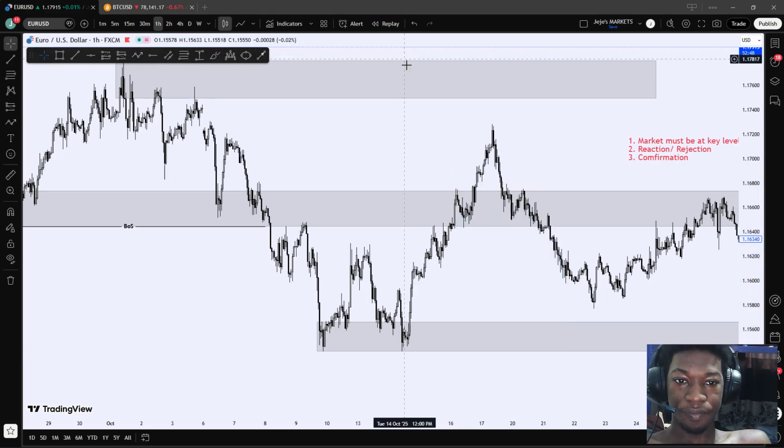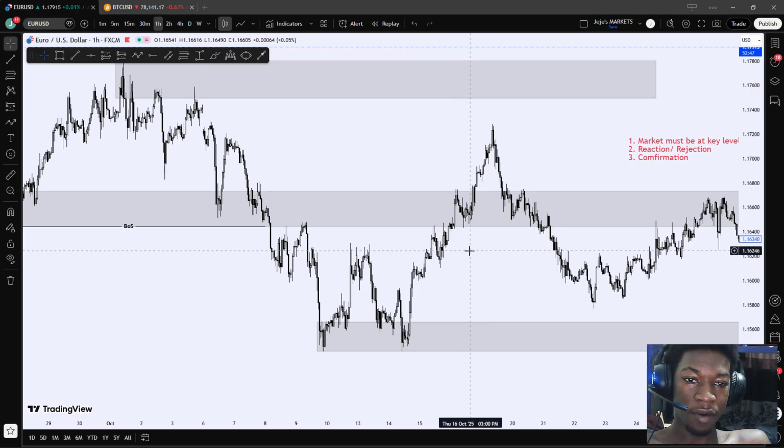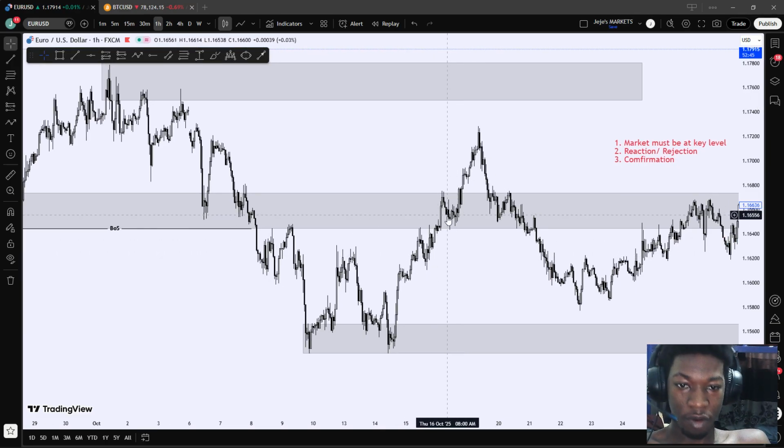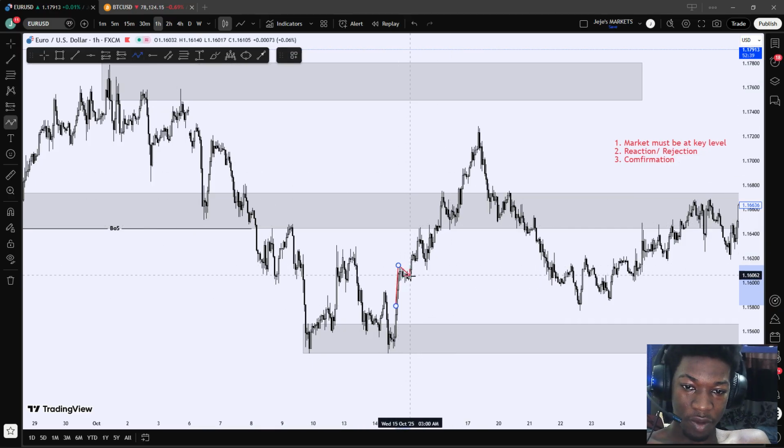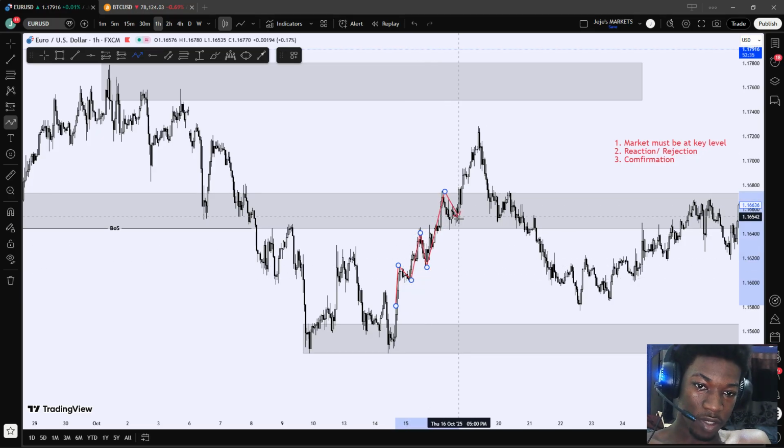So yeah, this could have been a retracement, and the only way you can confirm if it's a retracement or not is by waiting for it to end. As you can see right here, the market was doing this high, then a retest, goes up, retest, goes up, it does a retest. So what makes you think this couldn't be a retest as well?